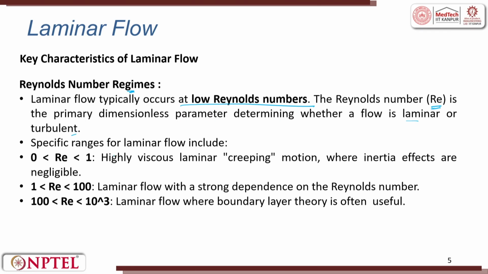The specific range of laminar flow includes 0 to 1, highly viscous laminar creeping motion, where inertia effects are negligible. When it is 1 to 100, the laminar flow has a strong dependency on the Reynolds number. When it is between 100 to 10,000, the laminar flow is where boundary layer theory is often useful.